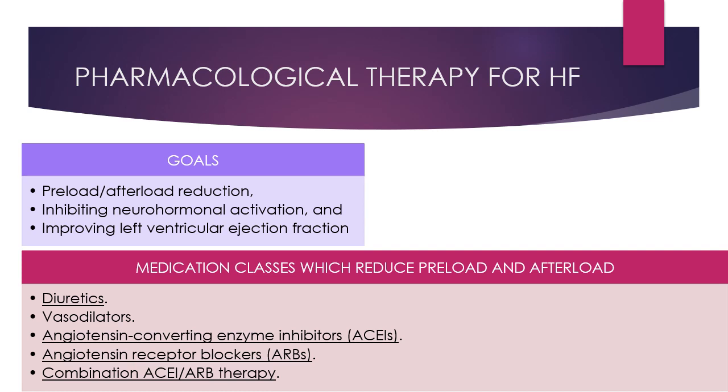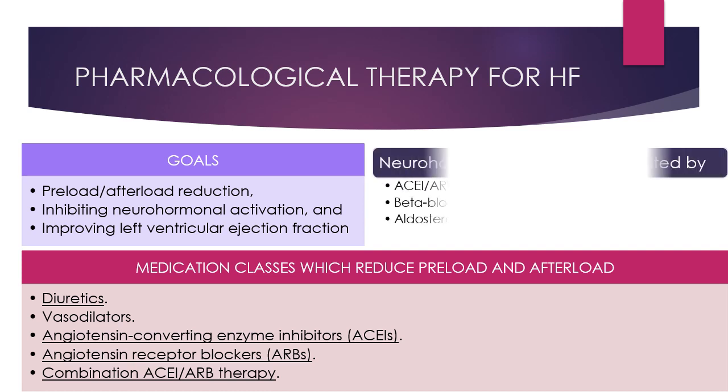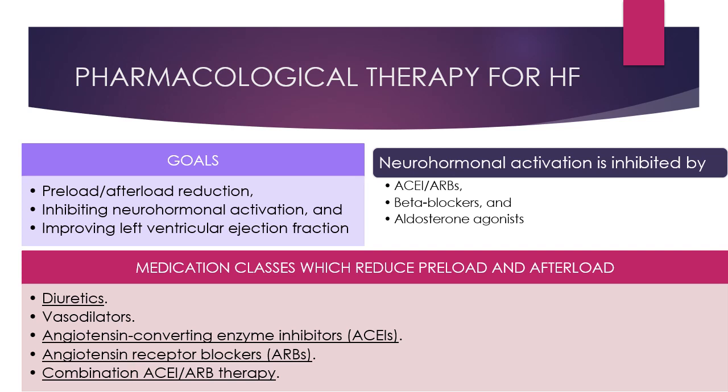Vasodilators are basically nitrates that we prescribe to these patients. Although they don't have any mortality benefit, they improve the hemodynamics, so symptoms are less frequently encountered in these patients. The inhibitors of neurohormonal activation are ACE inhibitors, ARBs, beta blockers, and aldosterone antagonists, right?